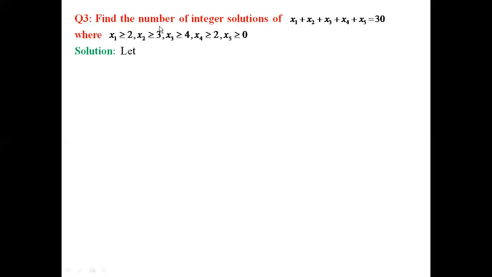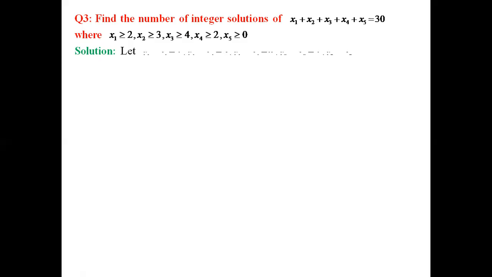So if I have to find the number of non-negative integer solutions of any equation of the form x1 plus x2 etc. up to xn is equal to r, then that can be done in C of n plus r minus 1 comma r ways. And to apply that formula, each of these xi's, that is x1, x2, x3, x4, x5, has to be greater than or equal to 0. It has to be non-negative.